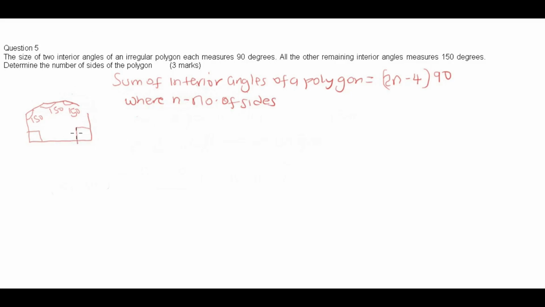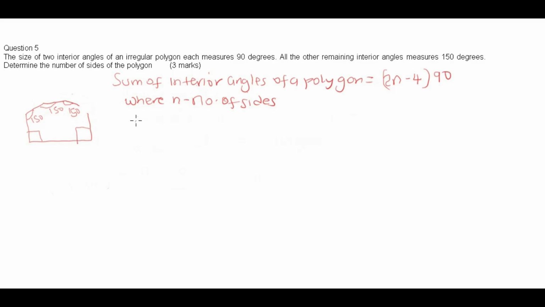So the total sum of these angles is given by (2n minus 4) times 90, where n is the number of sides. We want to add these angles so that we can solve this equation.